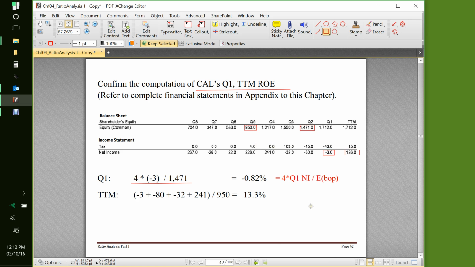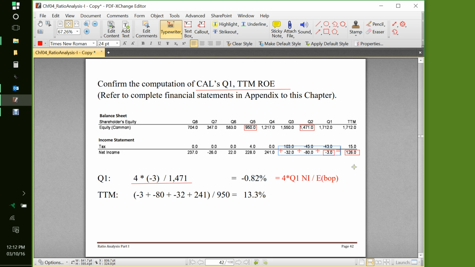All right, so what do I have? Here I did this the dumb way. 126, as we know, is equal to 246, which is equal to 241 plus minus 32 plus minus 80 plus or minus 3, right?